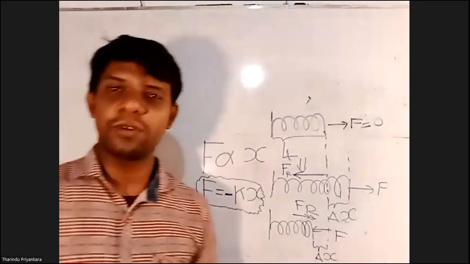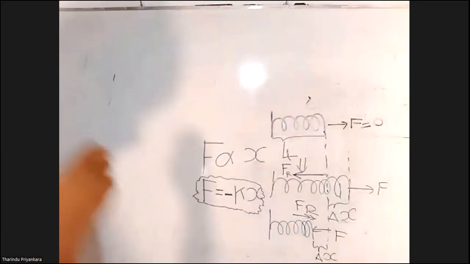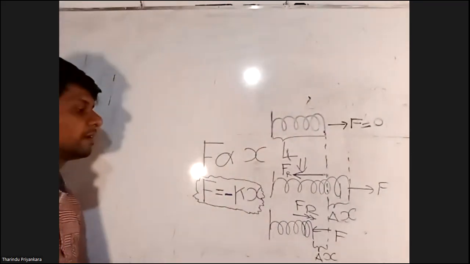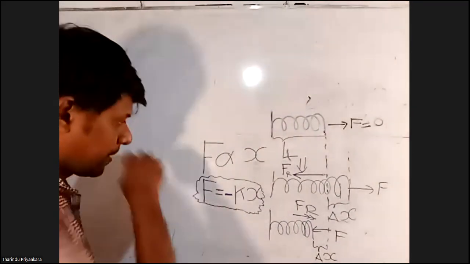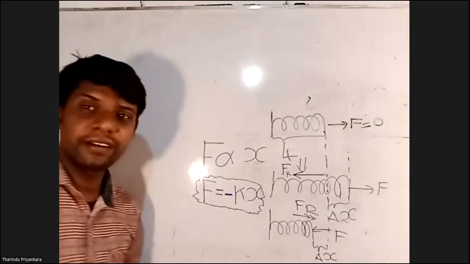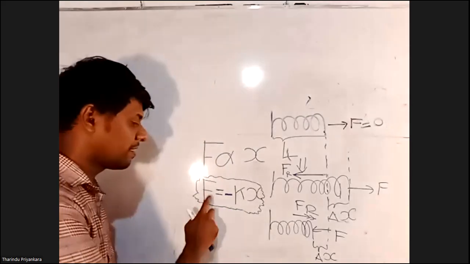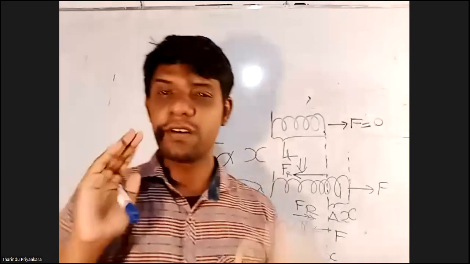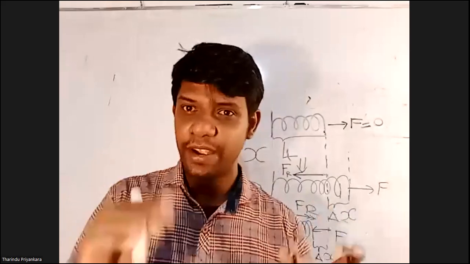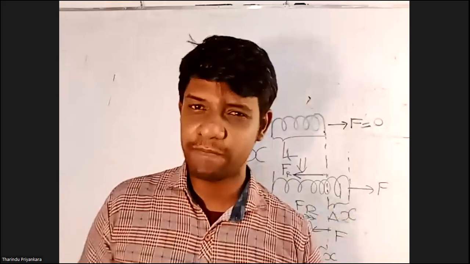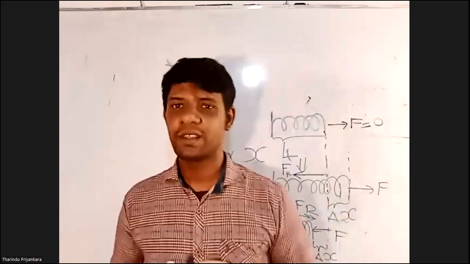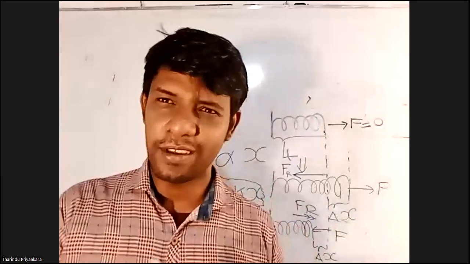Okay, now write the meaning of this. What is F? F is the force built in the spring, or the restoring force. You can write restoring force in the spring.